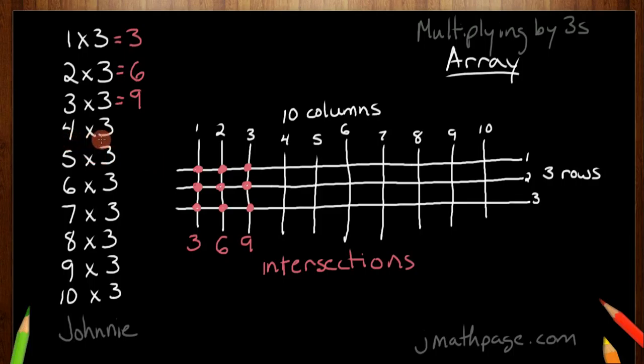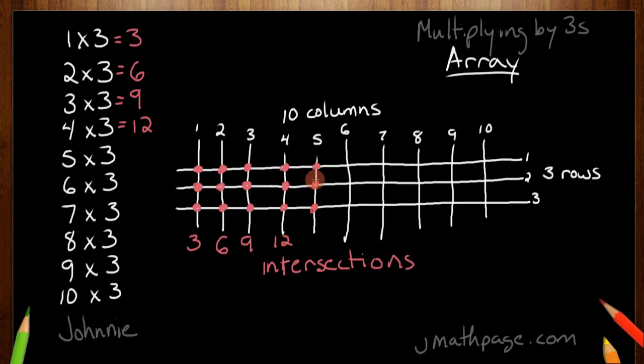4 times 3, 4 columns, 3 rows. I'll mark the intersections. I'll start at 9, 10, 11, 12. I have 12 intersections now. 4 columns and 3 rows gives us 12 intersections. 5 times 3, 5 columns, 3 rows.